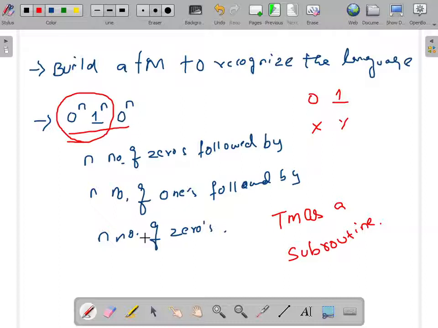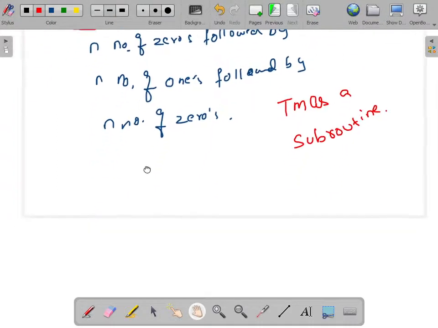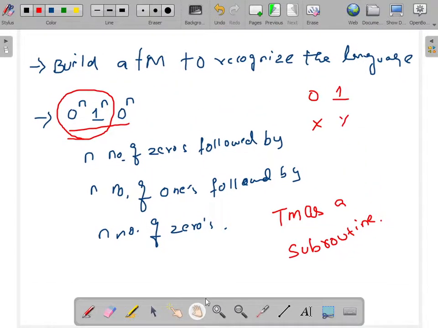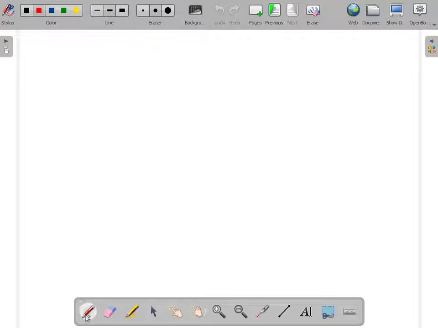Here we will go with step 1. I will create a new one. So in step 1, first I am going to write 0 power n, 1 power n, 0 power n.